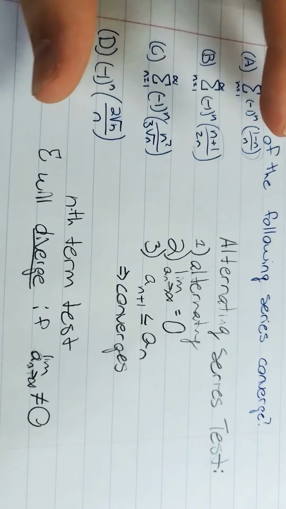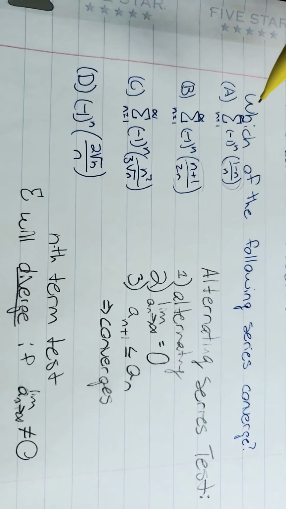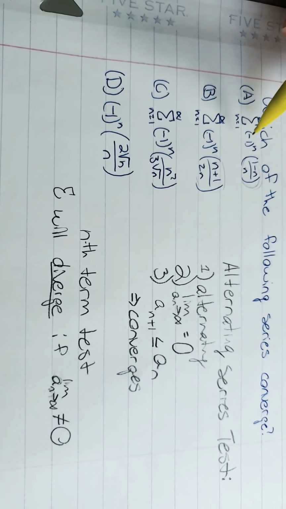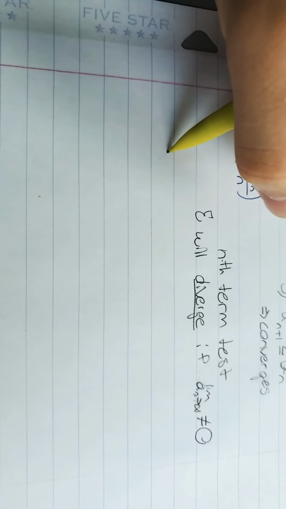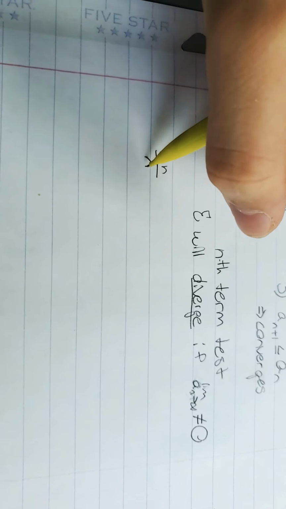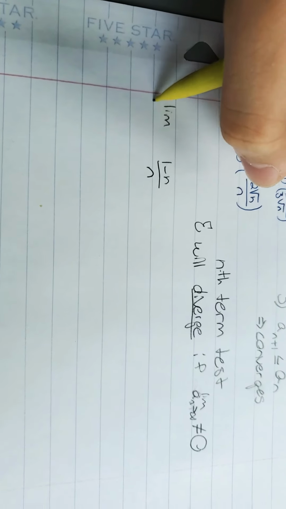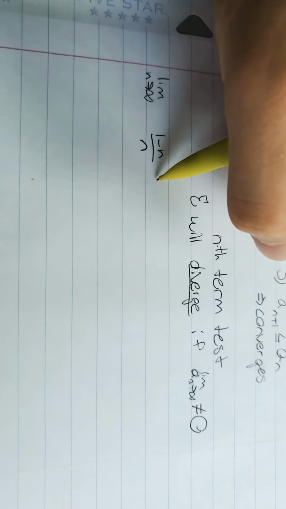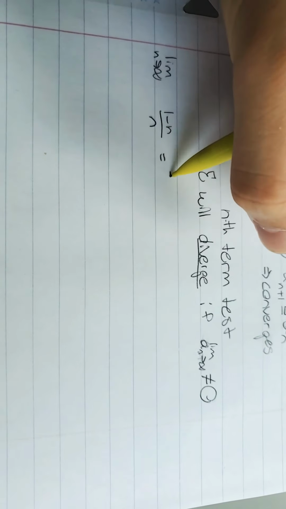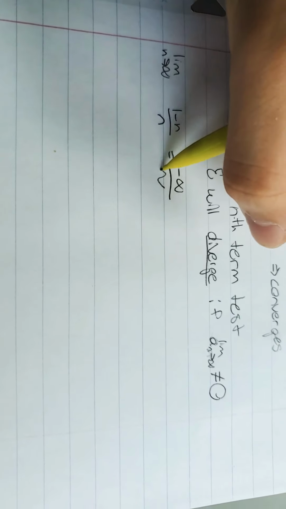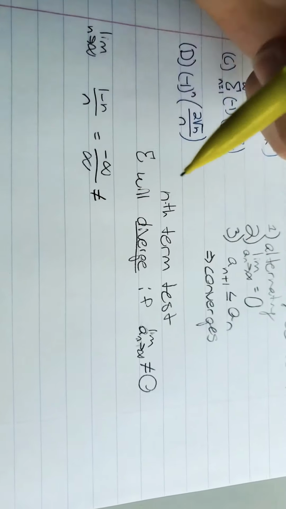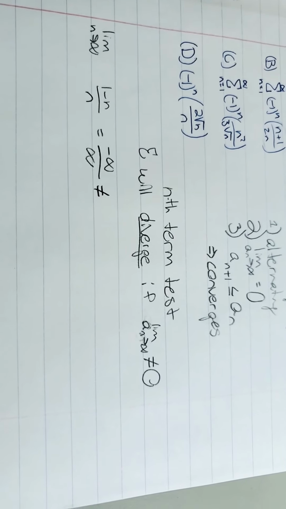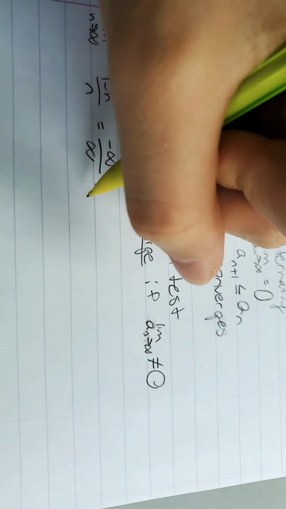So let's check the alternating series test for each of these. So we see A is alternating. Now let's find out the limit. So 1 minus n over n. So it's the limit as n goes to infinity of this. So you're going to have a negative infinity over infinity. Again, this 1 over here doesn't really make any difference. And that is not going to equal 0.